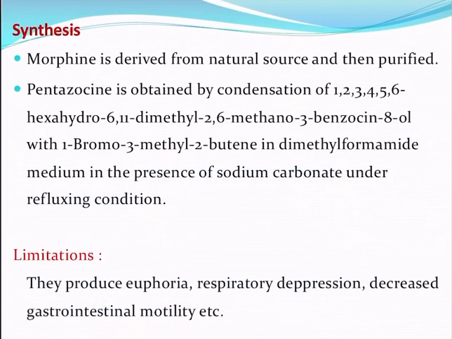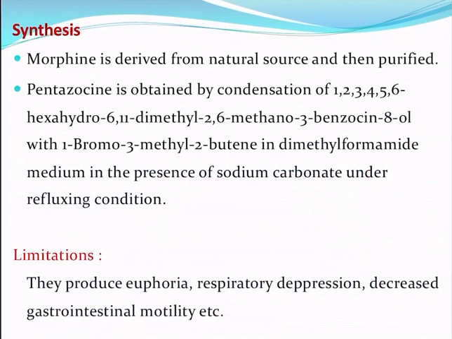It is condensed with 1-bromo-3-methyl-2-butene in the presence of a dimethyl formamide medium. Dimethyl formamide acts as a solvent, in the presence of sodium bicarbonate under refluxing conditions. So this is how pentazocine is synthesized.